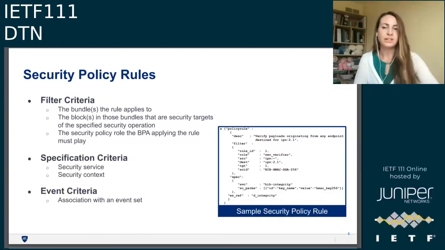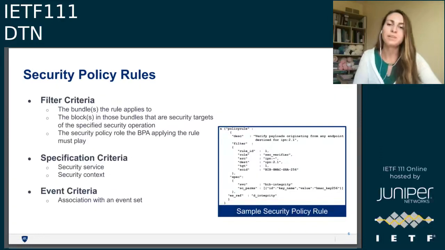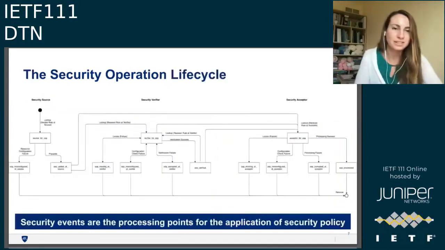The specification criteria provide details on the security operation that has to be applied for that rule. So that's defining information like the security service, security context, and any parameters needed to establish that context. And then finally, the event criteria in that security policy rule is what allows us to associate the rule with an event set, which is defining the events that processing actions have been configured for. Next slide, please.